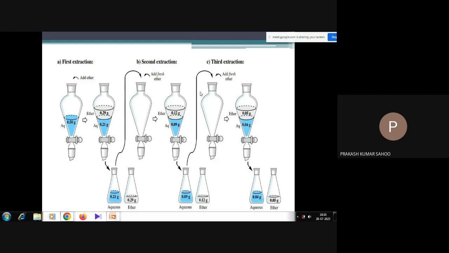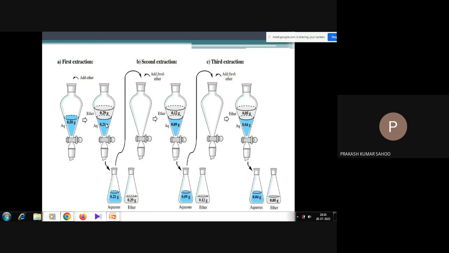Again, the same process continues, and at the end, we have 0.04 gram of aqueous layer and 0.05 plus 0.12 plus 0.29 grams of ether layer. So this is the overall idea of solvent extraction through the simple partition method, by using your separating funnel. There are two phases, that is aqueous phase and organic phase.